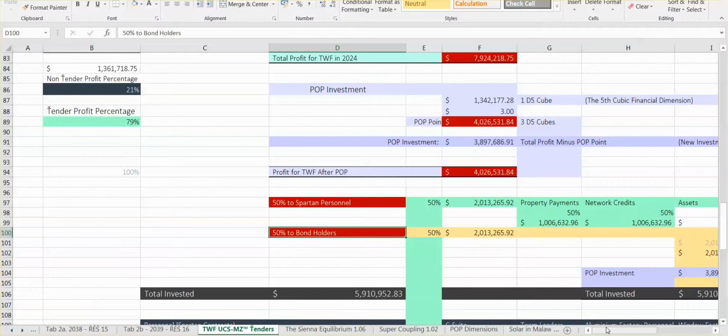The investment is paid back each year by giving 12.5% to the investors in network credits, which have to be spent, basically dollars that have to be spent with one or another company in Malawi, and that may rise to 25% per year. Basically what we're doing there is every investor becomes a business, and we pay their expenses each year, or a part of their expenses, from that investment at 12.5%, or going up to 25%.